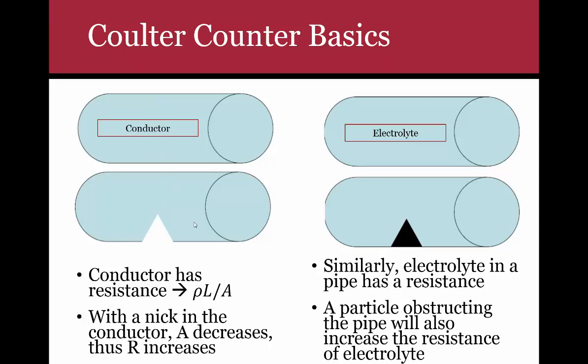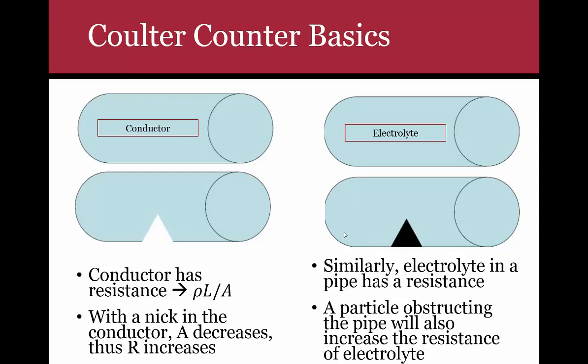On a similar note, if you take an electrolyte and let's say you don't nick the actual container, but instead you place a particle, in this case a triangle, because we're lazy in the drawing here. It could have been a sphere. This triangle represents a particle sitting inside the electrolyte, and we're going to assume that this particle is not conductive to ionic currents.